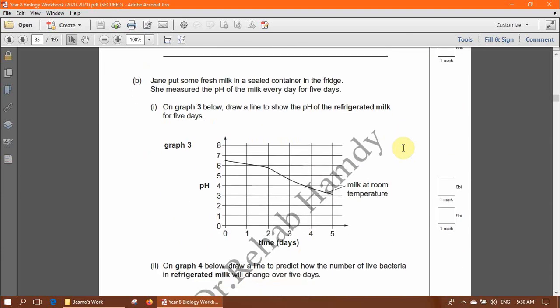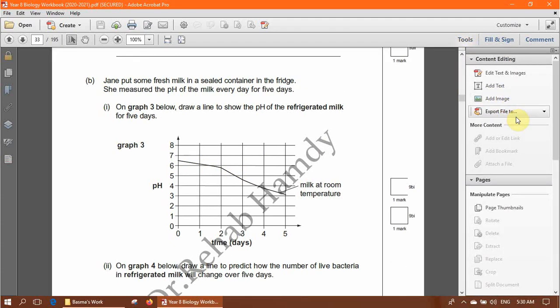Okay, on graph 3, I'm going to put the milk in the refrigerator and see what is the effect on the pH. So here I'm going to draw a line over this line.